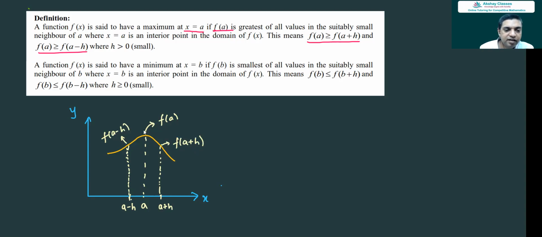So the f of a value on the y-axis is larger than f of a plus h and f of a minus h. So the f of a value graphically is lying above a plus h and a minus h. So this is called the local maximum.